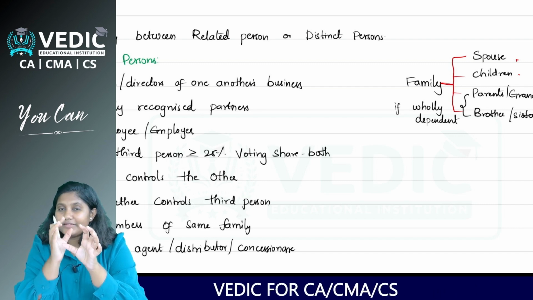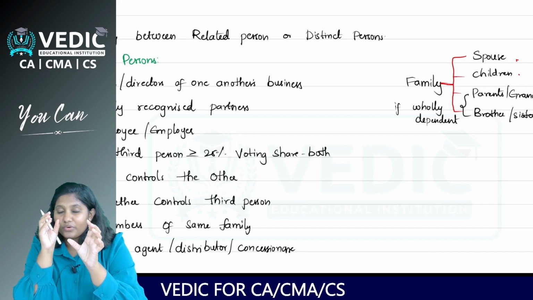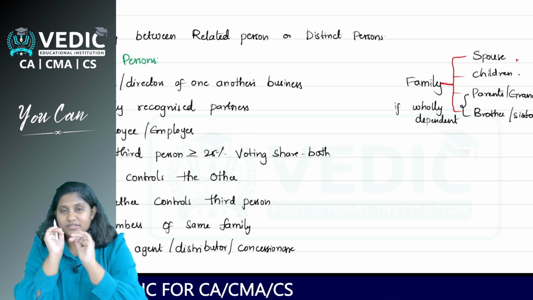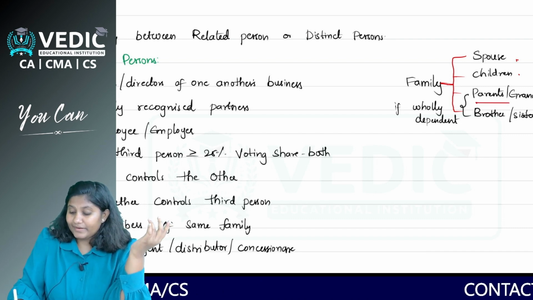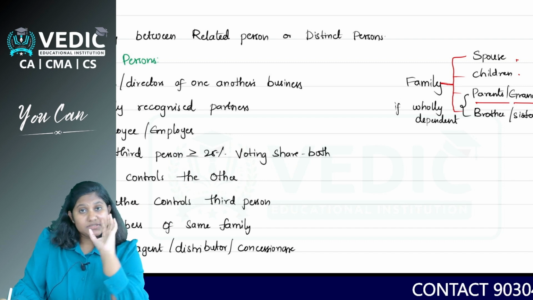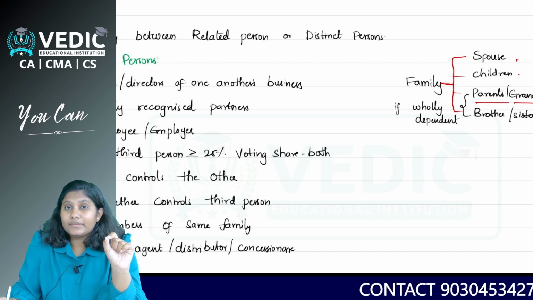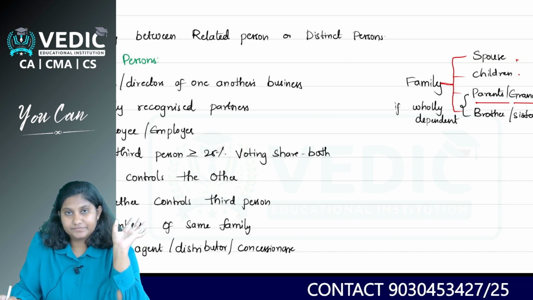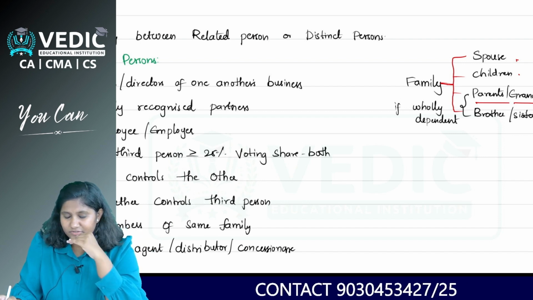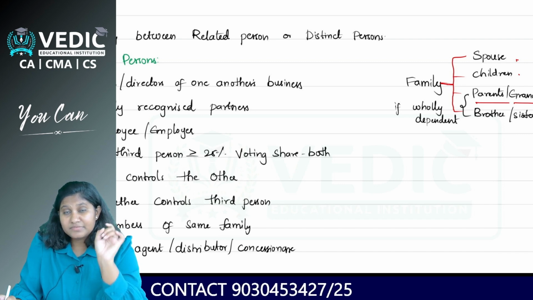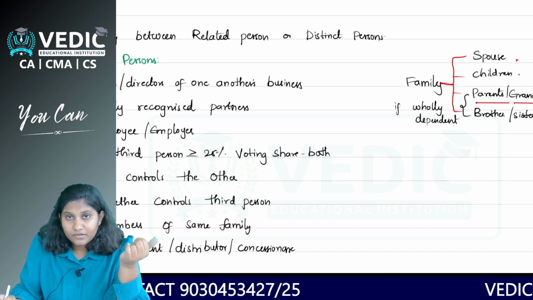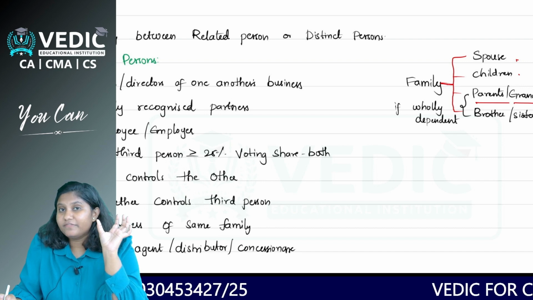They don't care whether you are wholly dependent or not. Your spouse and your children are your family anytime. But when it comes to your parents, grandparents, brothers or sisters, only if they are wholly dependent will they be considered your family. Clear?